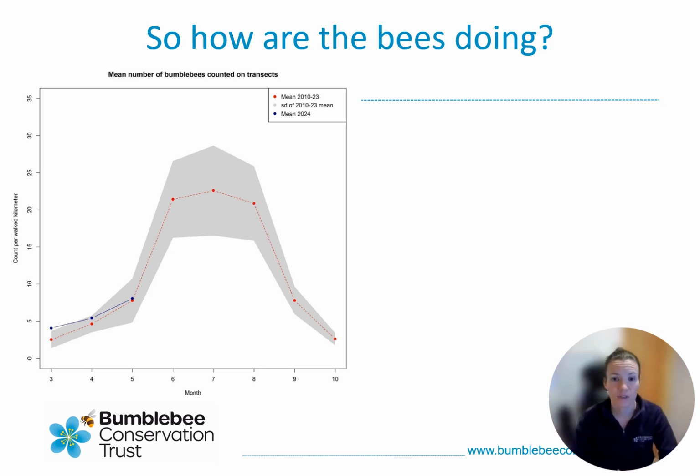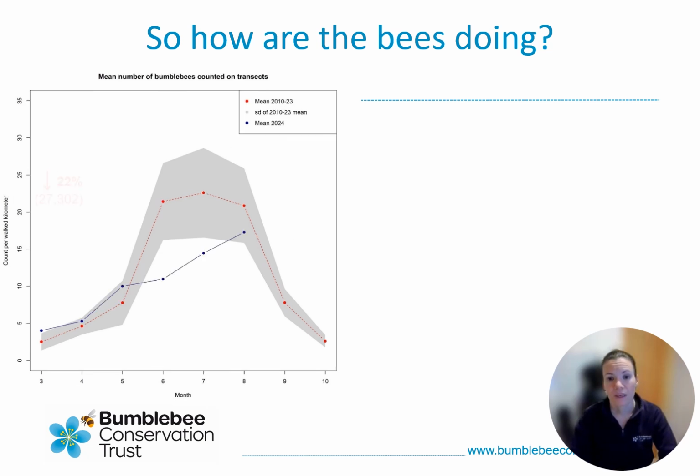This year, which is the blue line, we can see the early season was average or a little bit above average actually. So numbers of queens out of hibernation was quite good this year. Last year overall was a pretty good year for bumblebees, so we would expect to see a decent number of queens coming out. But if we look at the data up to the end of August, it's not as good news.